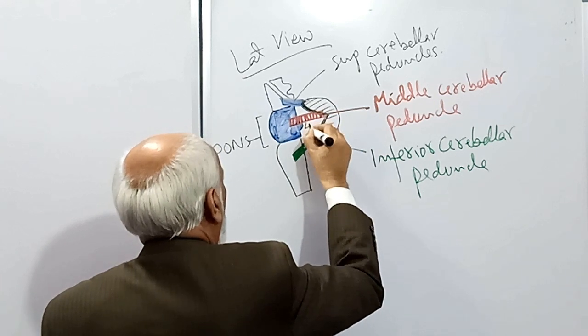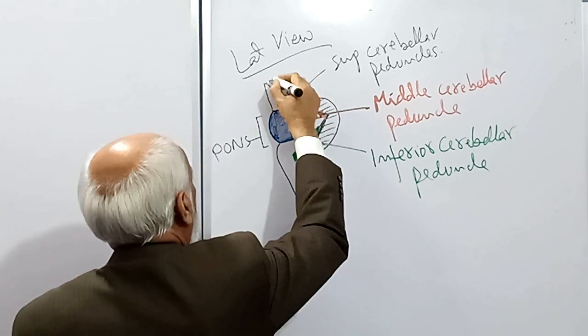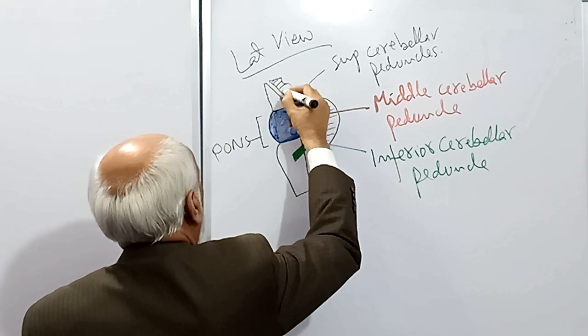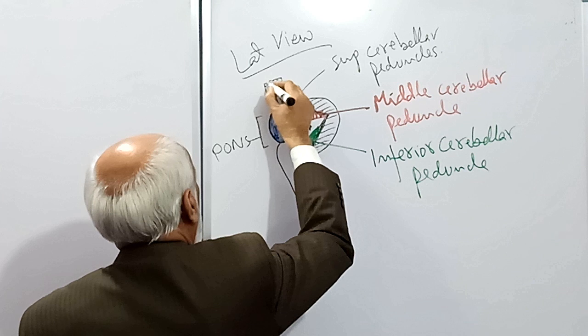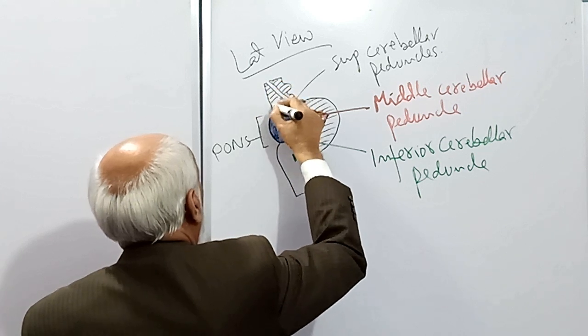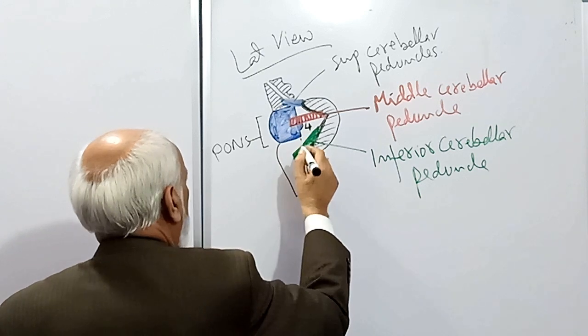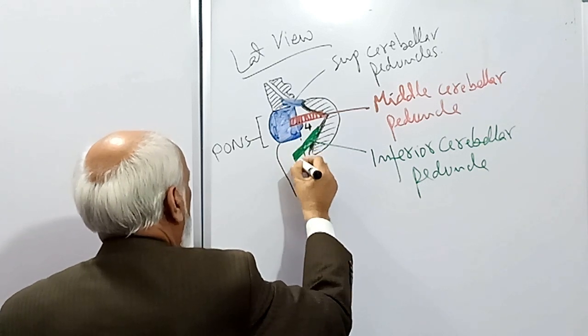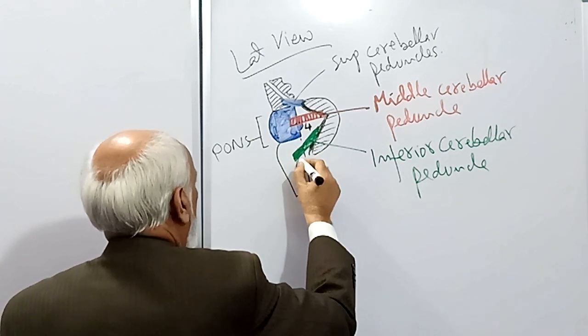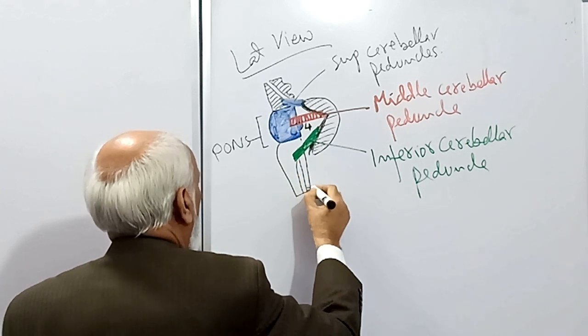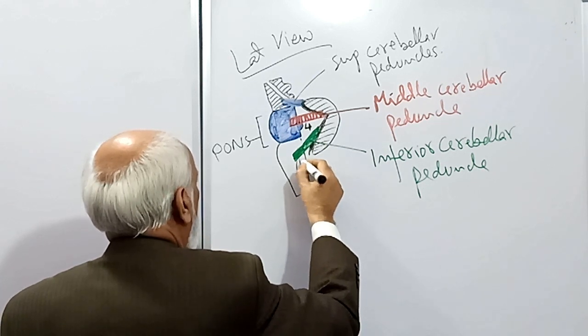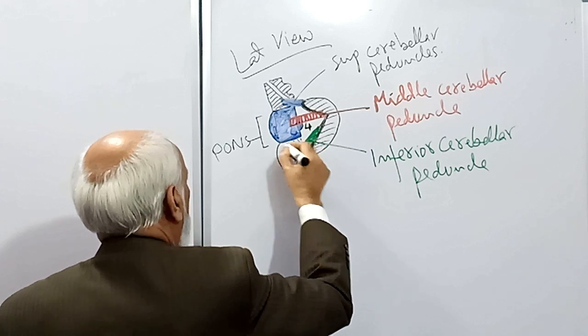This is the cavity of the fourth ventricle, and you know it communicates with the third ventricle through the cerebral aqueduct, and it communicates with the central canal of the medulla oblongata and spinal cord by the central canal.